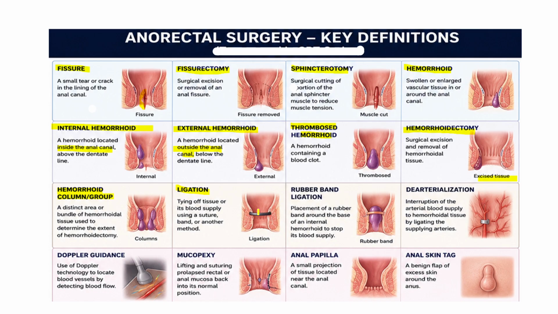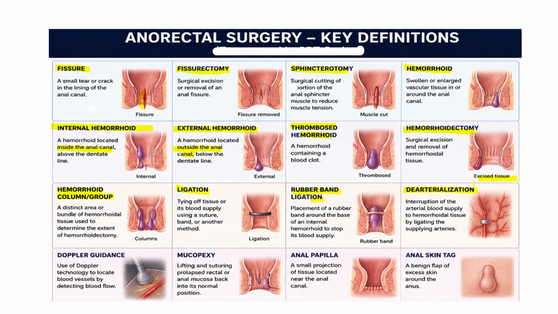We have rubber band ligation, for example, where a rubber band is tied to the hemorrhoid so that the blood supply will not reach that hemorrhoid. That we call rubber band ligation.